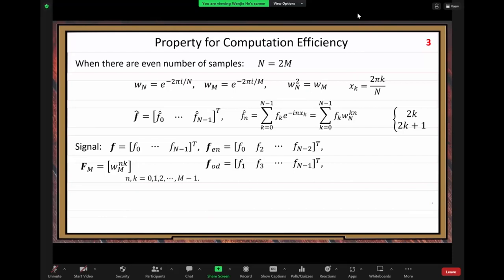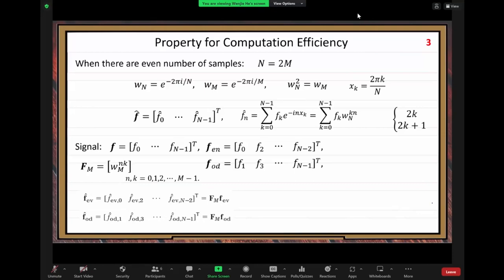Then the even frequency spectrum vector can be calculated using this matrix. The odd frequency vector we can calculate using this matrix. The same F_M matrix.